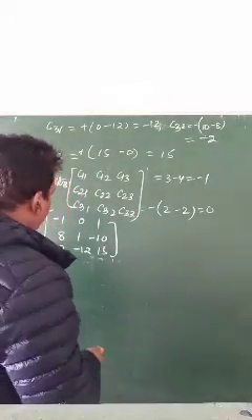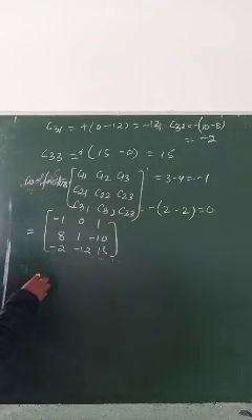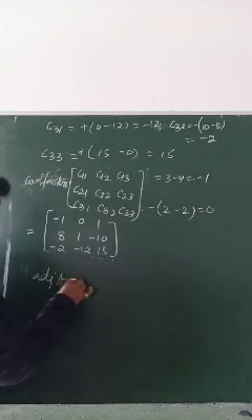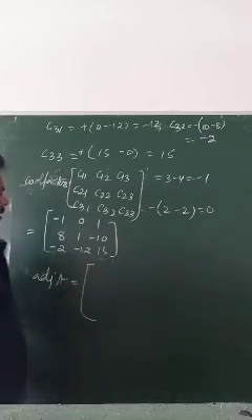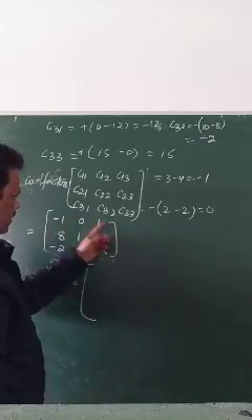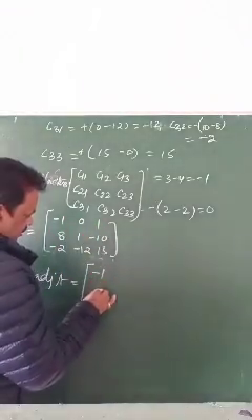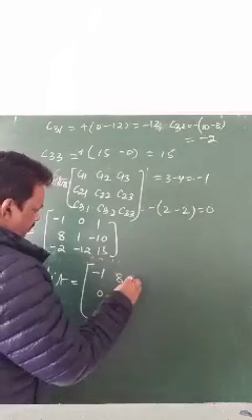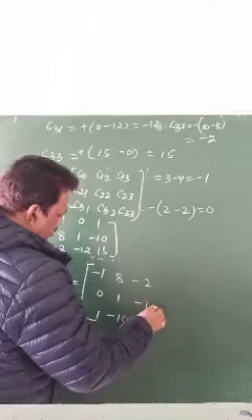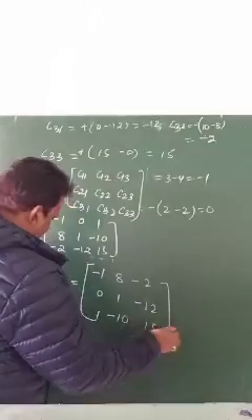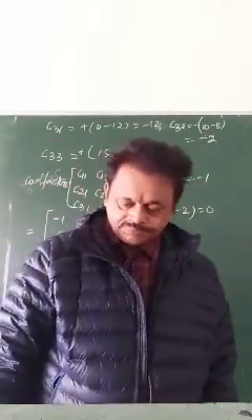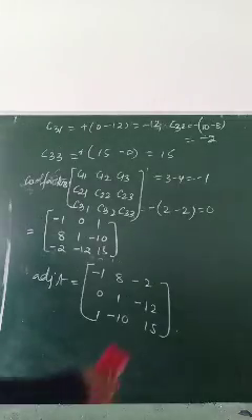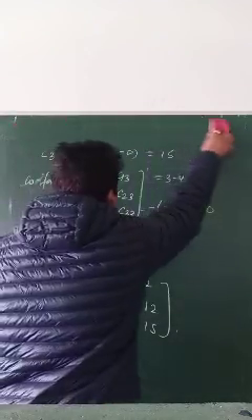The adjoint of A is the transpose of cofactors. Transpose, row becomes column: -1, 0, 1, 8, 1, minus 10, -2, -12, 15. That is the adjoint of A. Then what is A inverse?